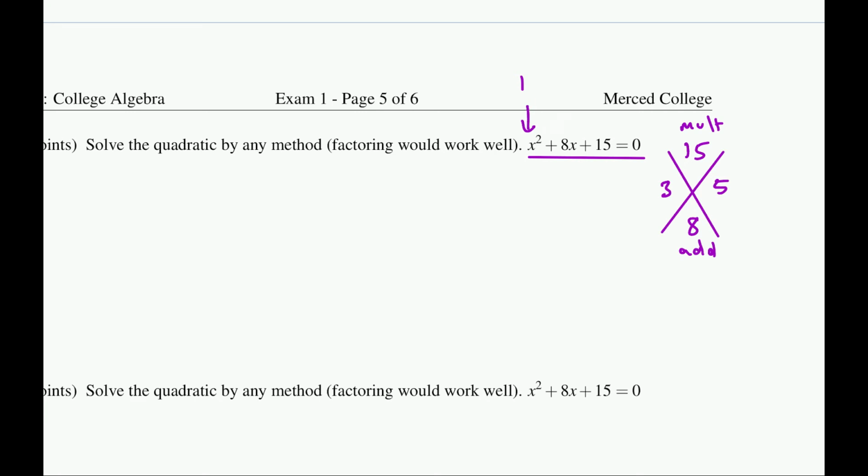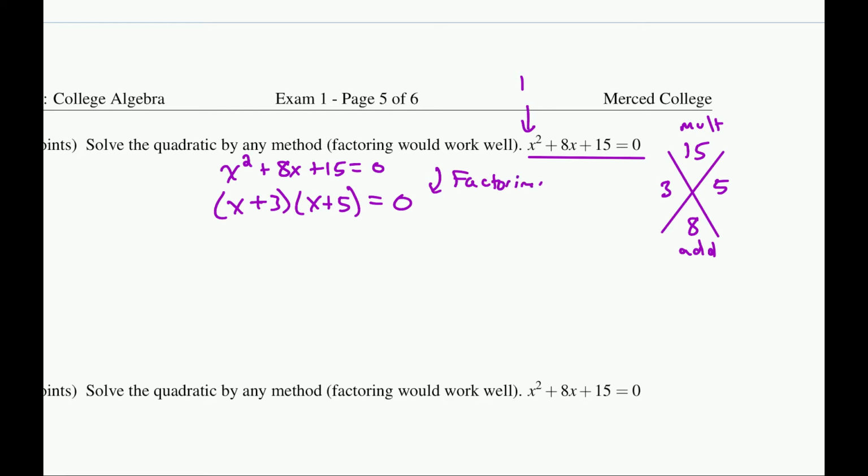And that means that our equation, which is x squared plus 8x plus 15 equals 0, we take the 3 and the 5, and that's going to factor into x plus 3, x plus 5 equals 0. So that's factoring. So that worked okay.